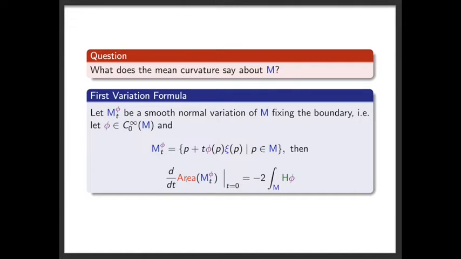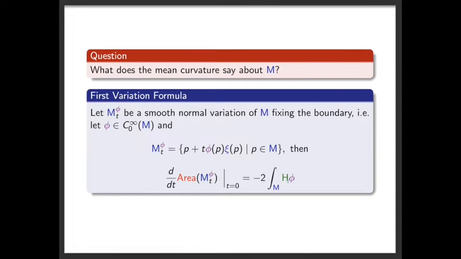Then the area of M_{t,phi} is an honest function of one variable. And when we take d/dt of the area at t equals 0, we get -2 times the integral over M of H phi.